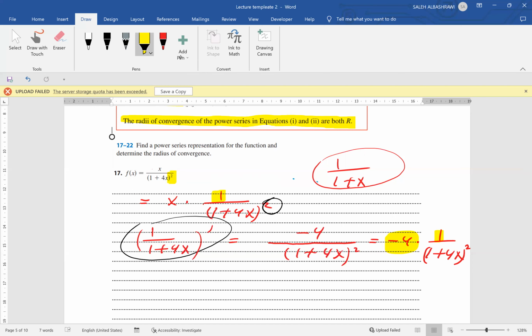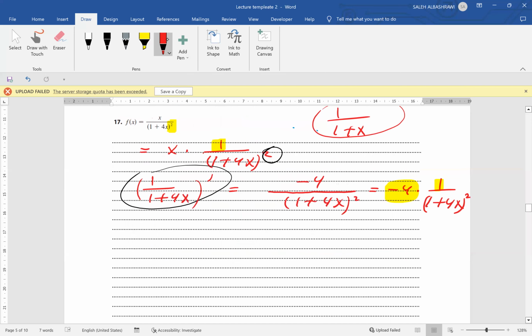So to make it 1, I will divide by minus 4, which means this function will be equal to x multiplied by minus 1 over 4 multiplied by the derivative.